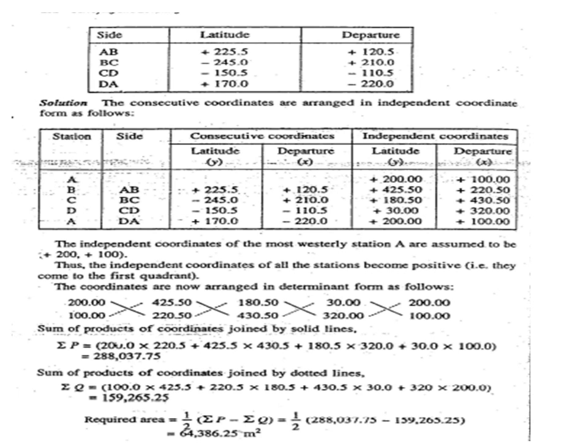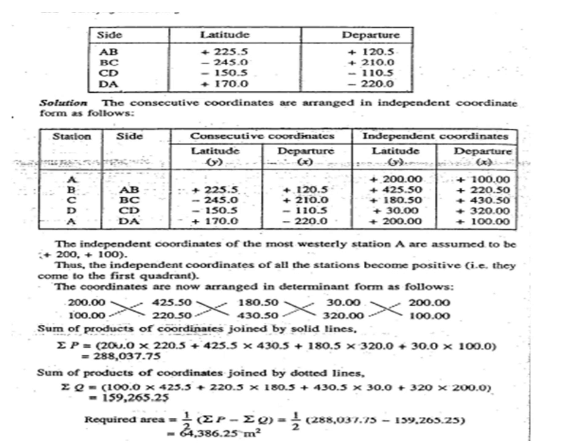So it has to be subtracted. So 180.5 minus 150.5, it is 30. So 30 is the independent coordinate for line CD. Similarly, we may consider the latitude of line DA, that is plus 170. So 30 plus 170 is 200.